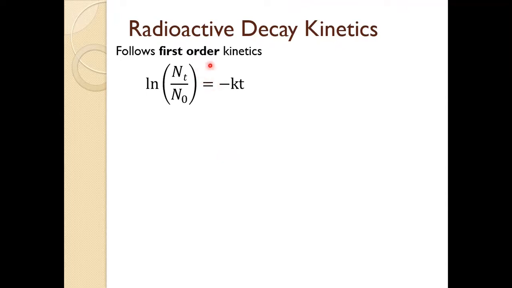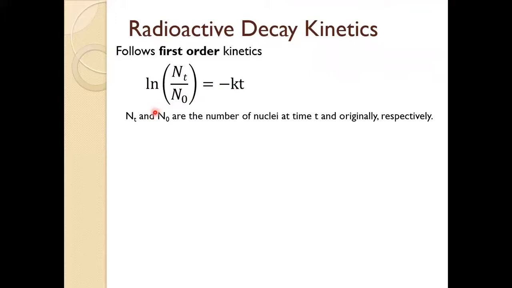For first order kinetics, the relevant equation from the integrated rate law says that the natural log of the amount of the substance you have now, so N sub T, compared to how much you had originally, is equal to negative k times t, where N sub T and N sub 0 are the number of nuclei present now at time t versus originally, respectively.